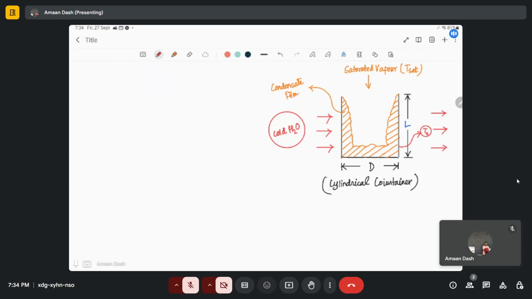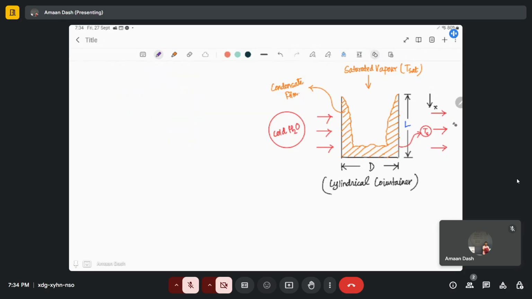Okay, so let us first define our coordinate systems. So let us take this direction as x direction. So x direction. Okay. And we will be having similarly gravity along the bottom direction.